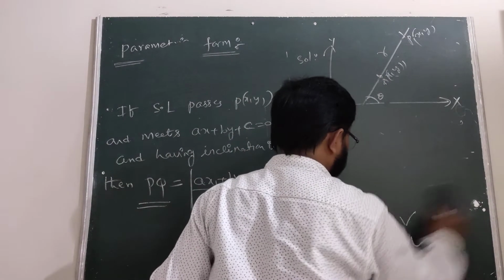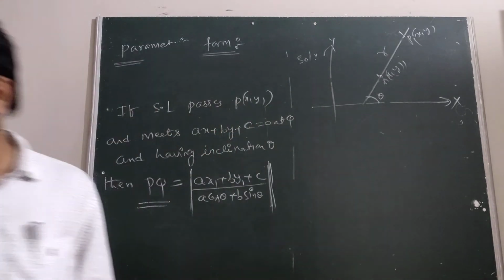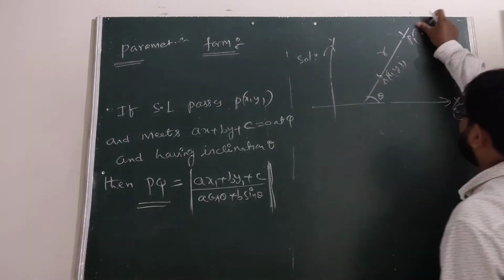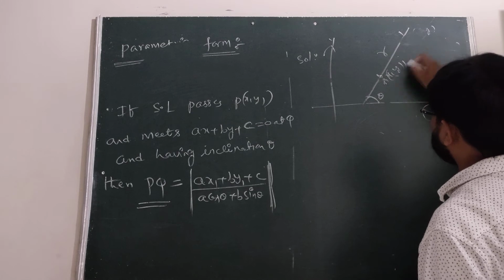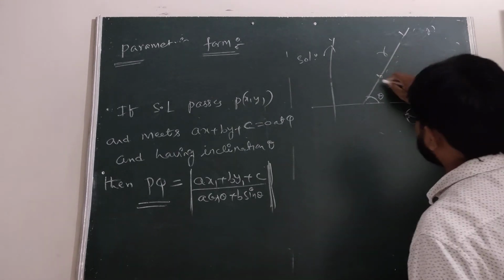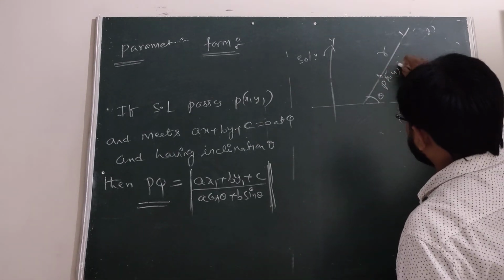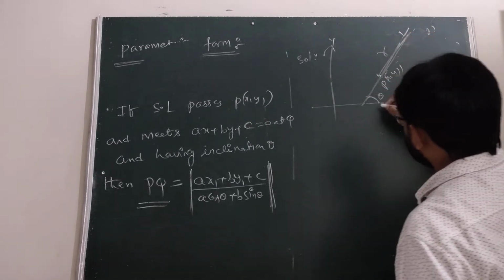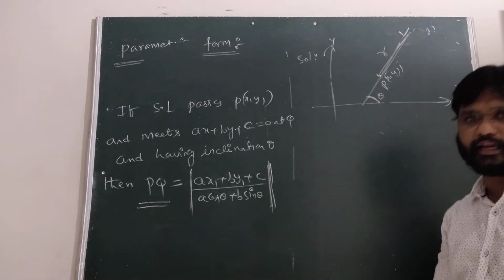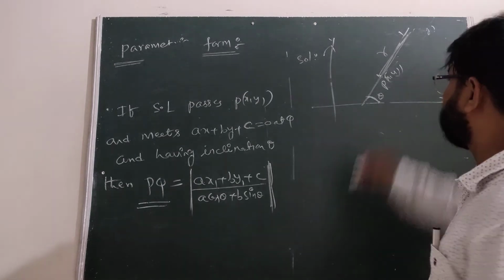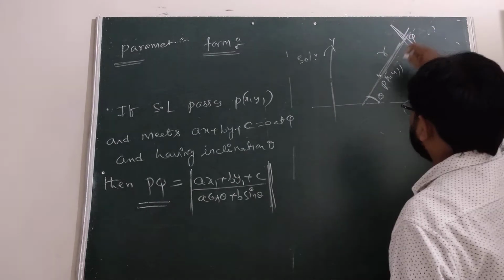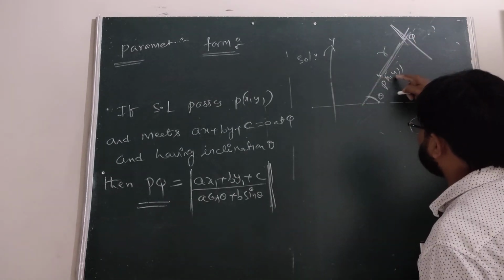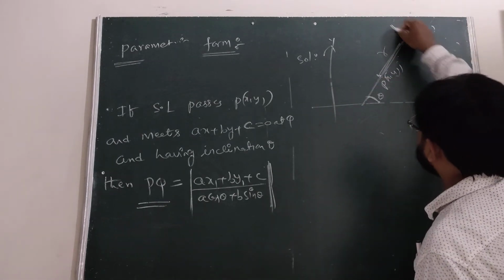Just now we know that r is the distance from (x1, y1). Suppose you take the point P(x1, y1) on the line that makes an angle theta with the positive direction of the x-axis, at a distance r, and it meets another line at Q. So a line passing through P(x1, y1) meets the line at Q.